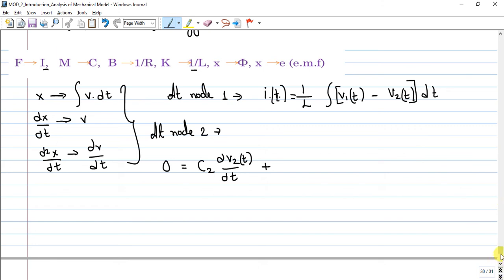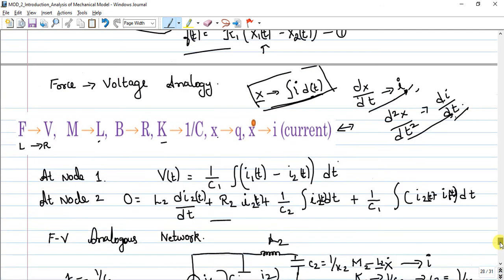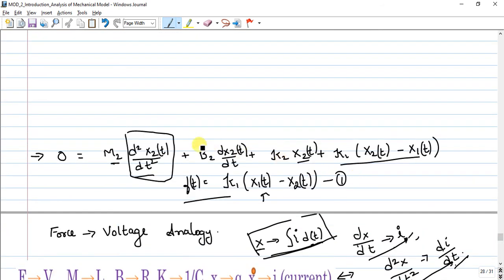There we had friction B2. B2 will be represented by R2, that is 1 by R2, into differentiation of x2 by dt, which will be V. In the mechanical system it is B2 differentiation of x2 with respect to dt.